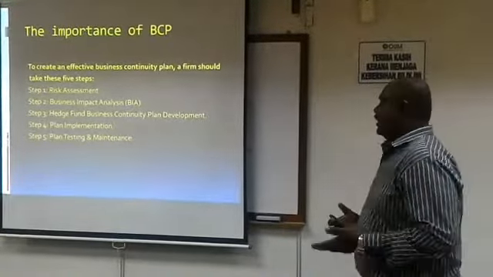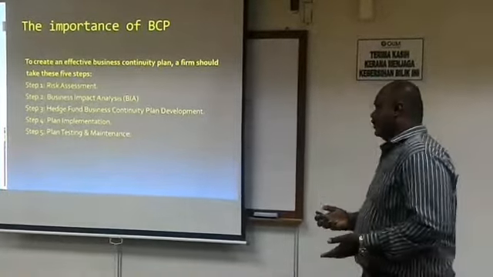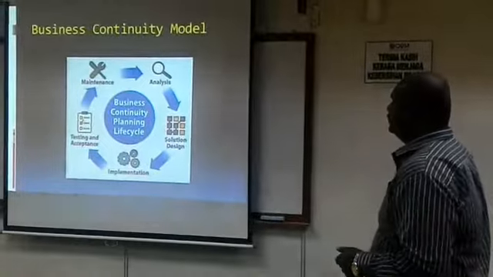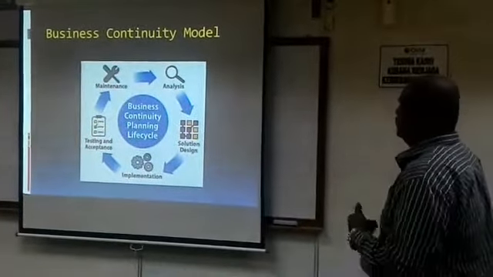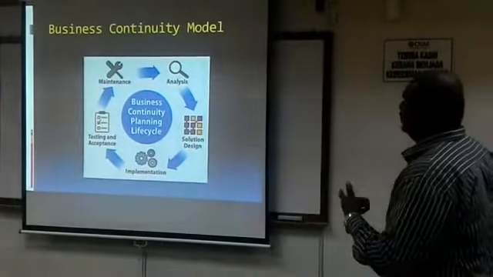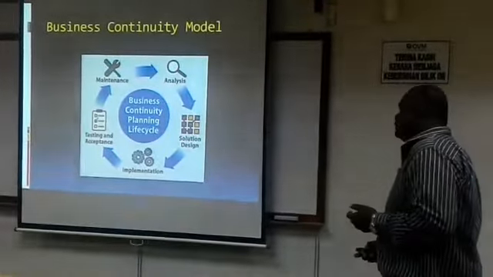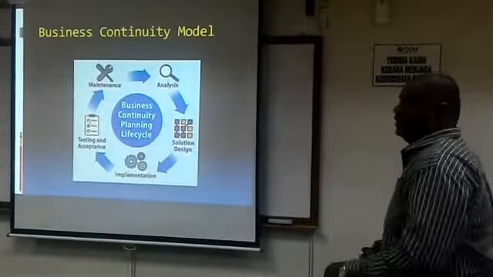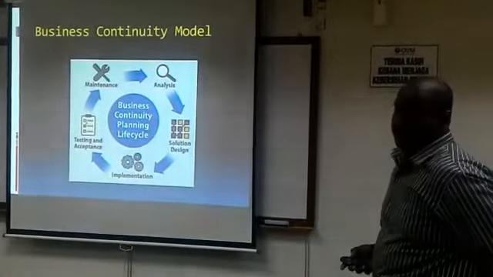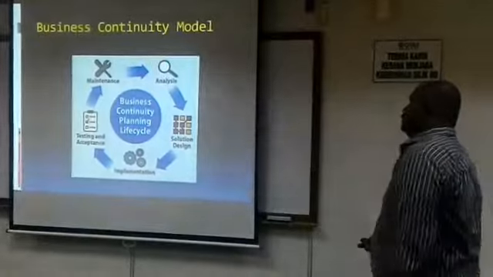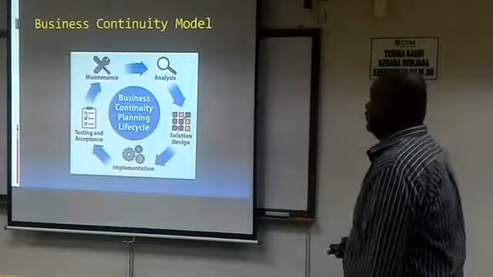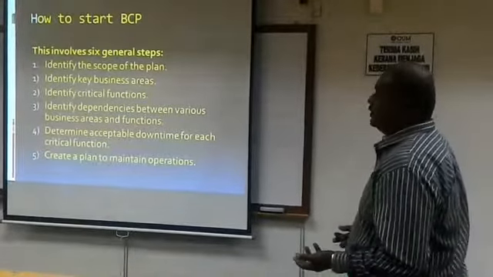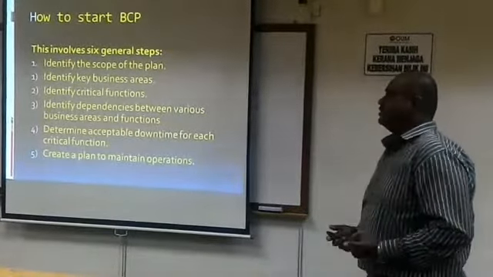This is the model of the BCP: solution design, implementation, testing and acceptance, and maintenance. This is the business continuity planning life cycle, which we have to go through one by one to get a good result from our BCP plan.